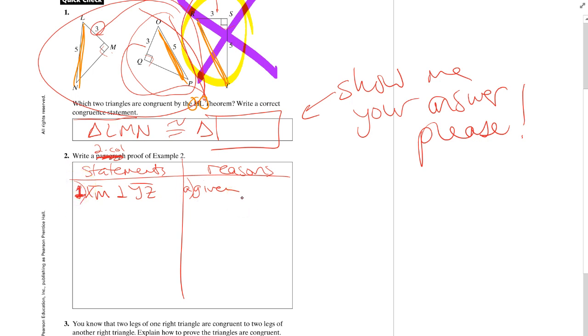And let's see, they also told us that we have an isosceles triangle, so that means I can say XZ is congruent to XY, and those were the 2 legs, 2 sides of the isosceles triangle.